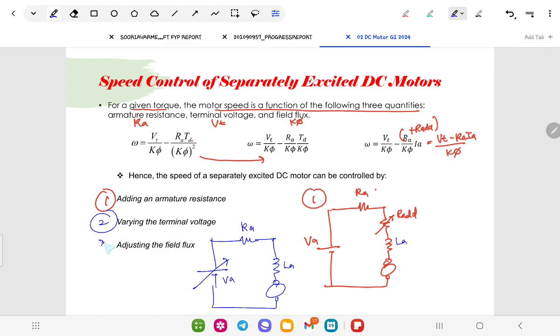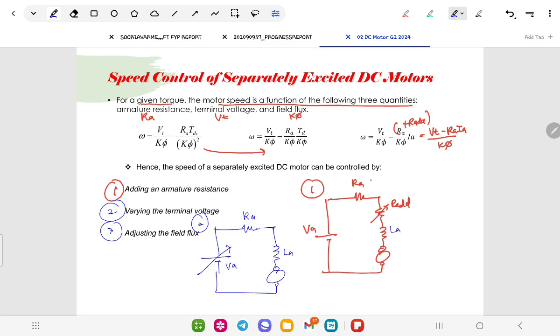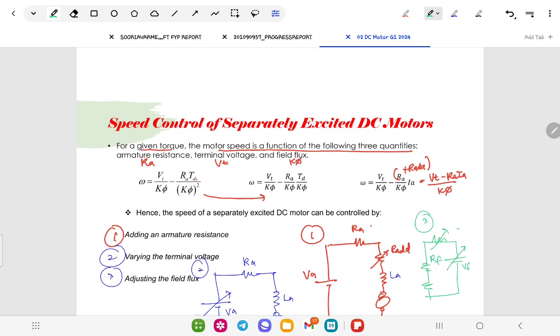Number 3, you can adjust the field flux. Adjusting the field flux usually involves the field circuit. For this one I usually use another color here. For number 3, we can adjust your field flux either by adjusting VF or by adding a resistance in series with the field resistance.